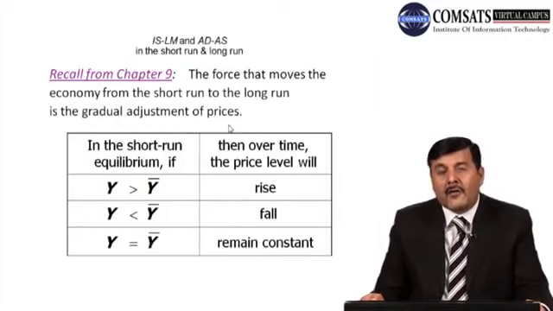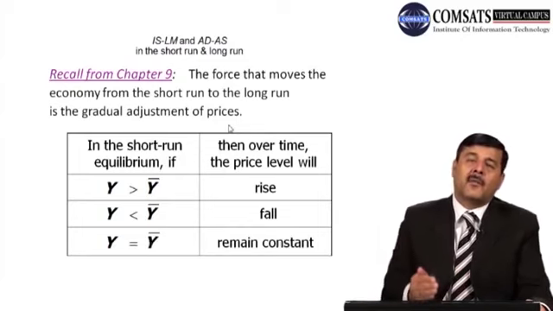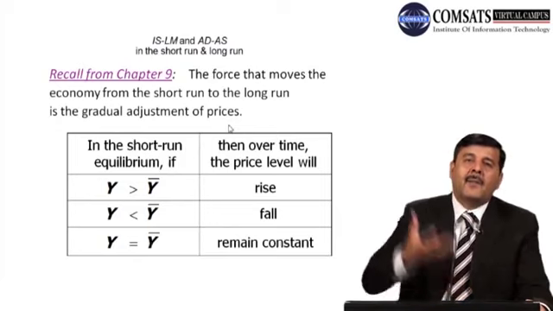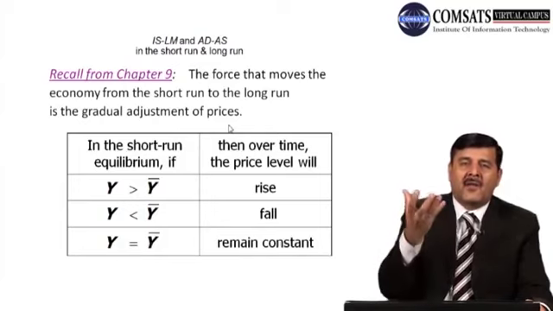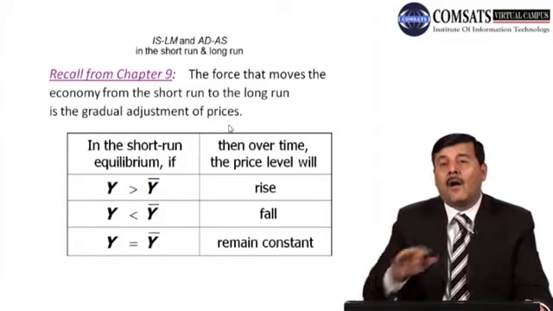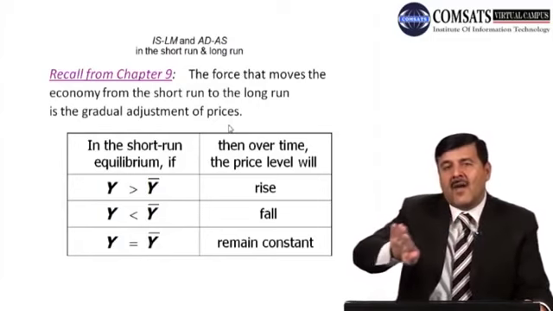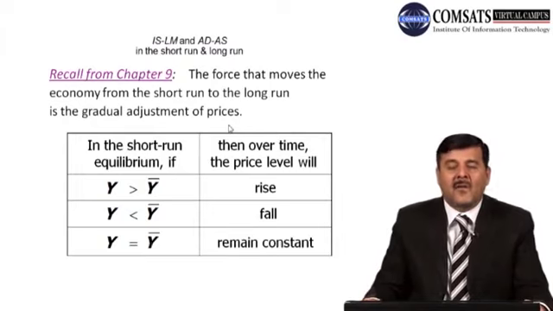And if in the short run actual income Y is less than Y bar, then P will fall. जब actual income equilibrium income से कम है तो प्राइस में कमी होगी, चीज़ों की डिमांड में इजाफा होगा. जब चीज़ों की डिमांड में इजाफा होगा, इन्वेस्टमेंट ज़्यादा होगी, प्रोडक्शन ज़्यादा होगी, आउटपुट ज़्यादा होगी, इनकम ज़्यादा होगी, और वापस इकोनॉमी मूव कर जाएगी towards its equilibrium level of income which is Y bar.